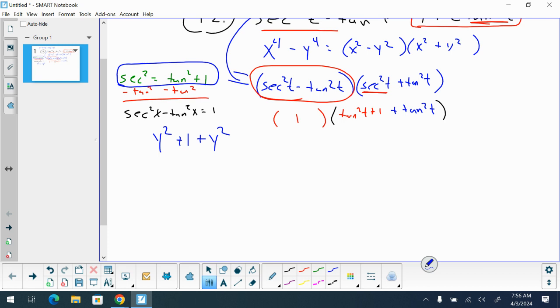So if I have y squared plus another y squared, that gives me y to the fourth. Oh, 2y squared. So this gives me 1 plus 2y squared. Well, if I have tangent squared plus 1 plus another tangent squared, that will give me 1 plus 2 tangent squared.